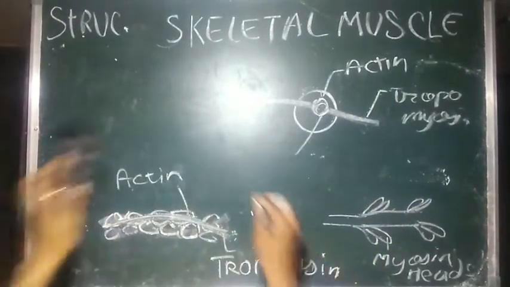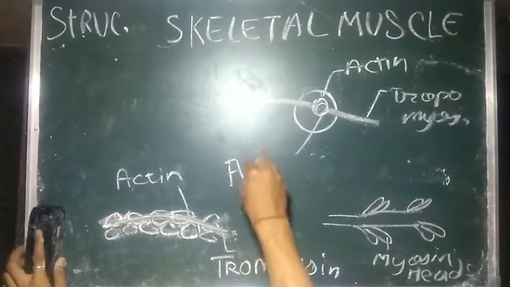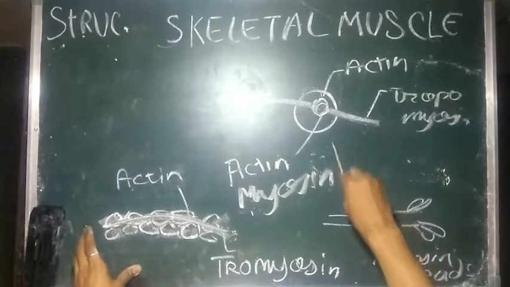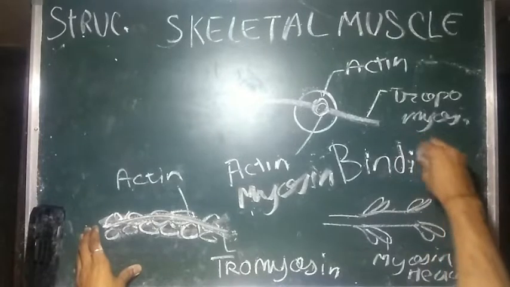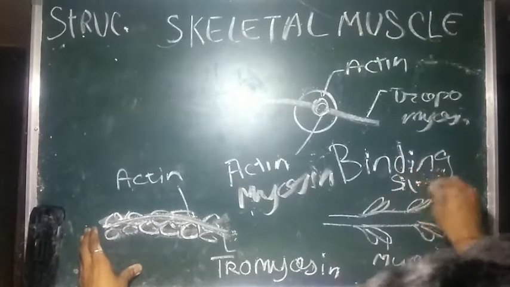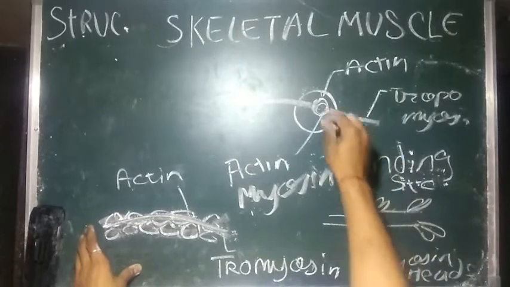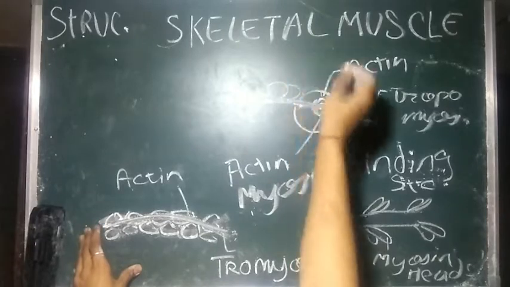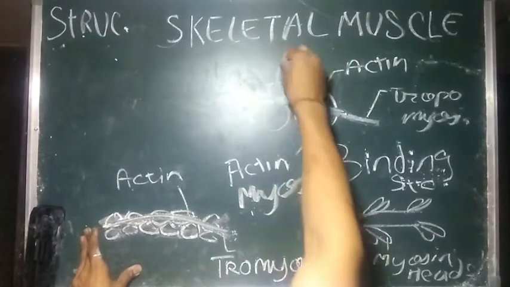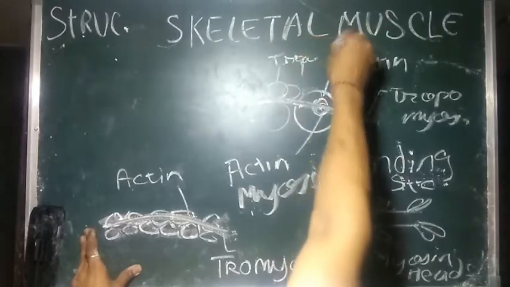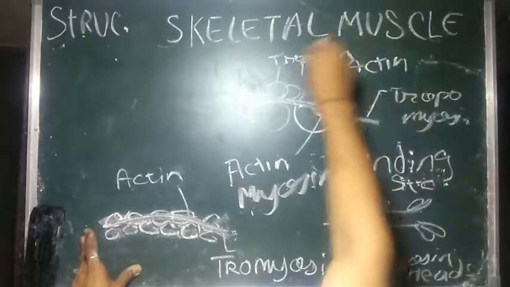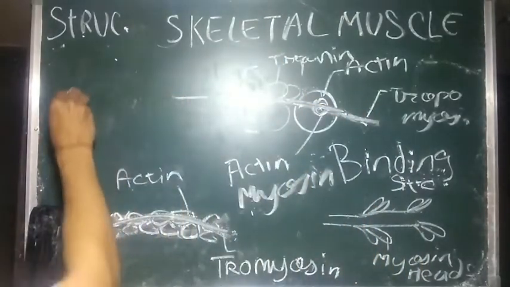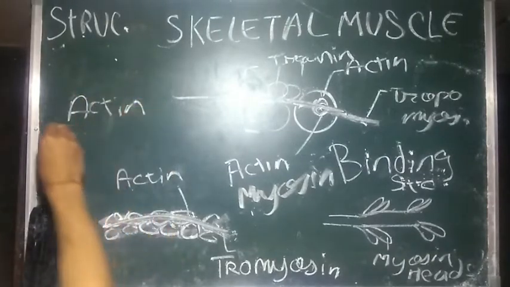These are the actin myosin binding sites. So this tropomyosin blocks the actin myosin binding site, and there lie these two small dot-like things. This is known as troponin. This is troponin. This is tropomyosin. This whole thing constitutes the actin filament or the thin filament.